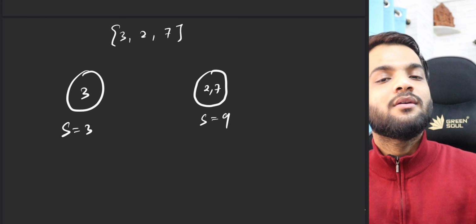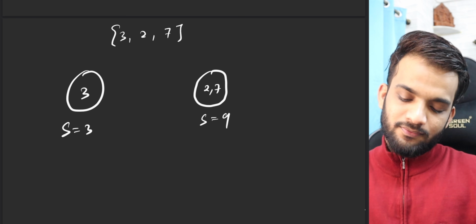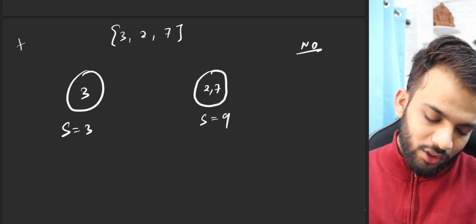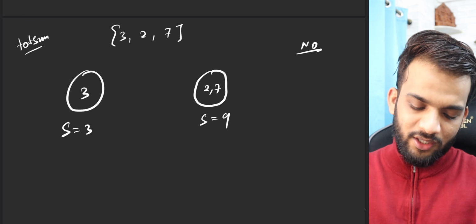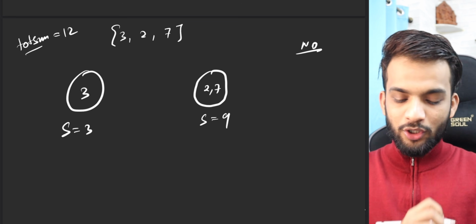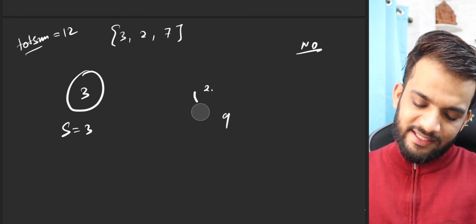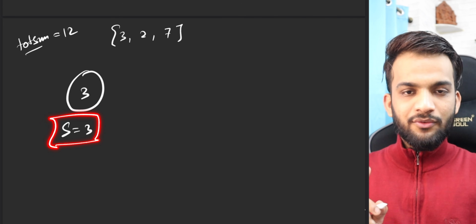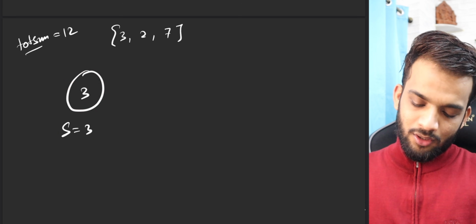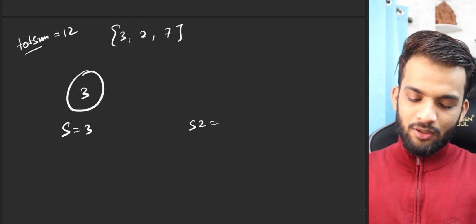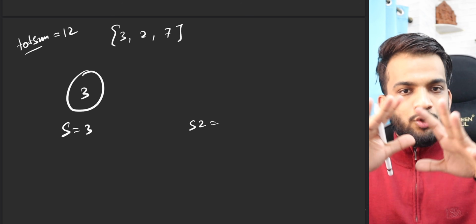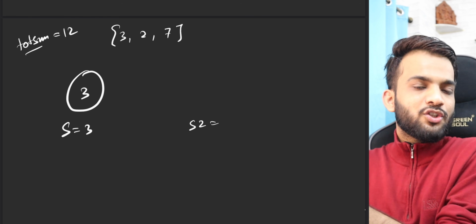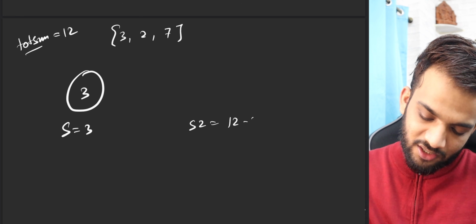The answer is no. Why? Because I know the total sum, which here is 12. If the summation is 3 for the first partition, the summation for the next partition will be the total sum, meaning all the elements, minus the sum of the elements that are in partition 1. So 12 minus 3 is 9.